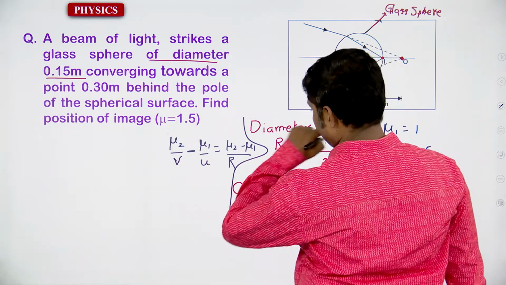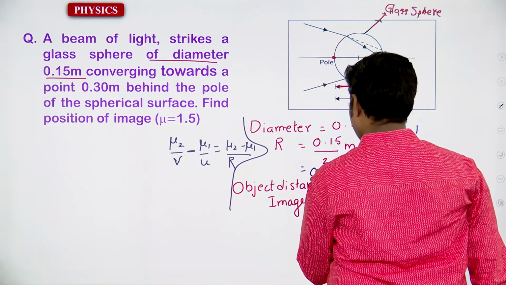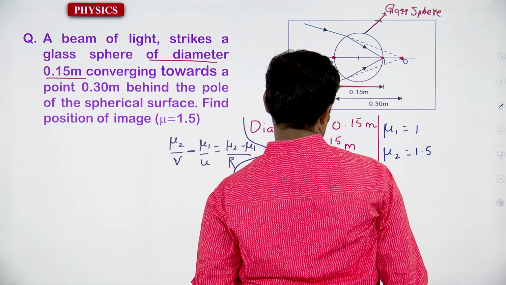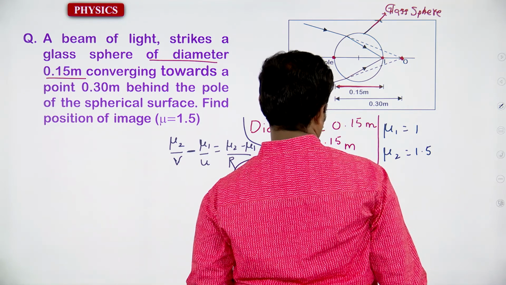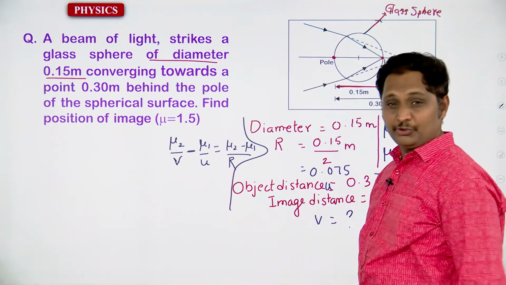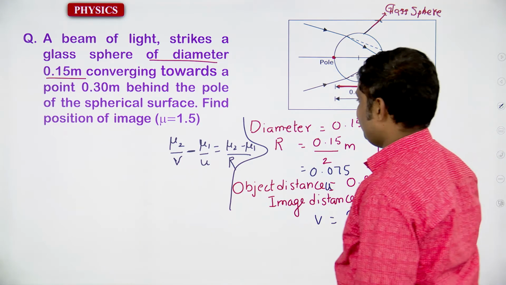You have to substitute all the values and you will get the position of the image.